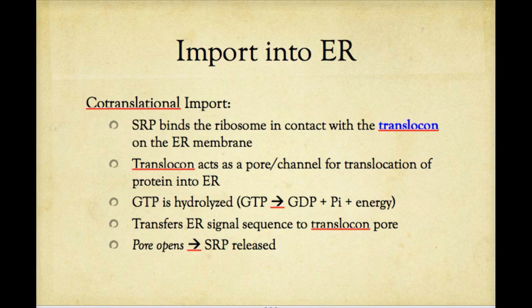In other words, the translocon needs to allow the protein to be transported into the RER as it's being translated. GTP is hydrolyzed to provide the energy, and the ER signal sequence is what tells the SRP that this protein needs to be imported into the RER. Once the pore opens, remember, the SRP has done its job and it will be released.